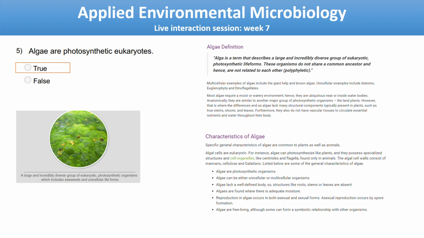Now algae can be multicellular, for example giant kelp and brown algae, and sometimes it can be unicellular, that includes diatoms, euglenophyta, dinoflagellates, etc. As I said, you can find this organism in a moisture rich environment. So it requires a moist and watery environment, and therefore they are generally present near or inside water bodies.